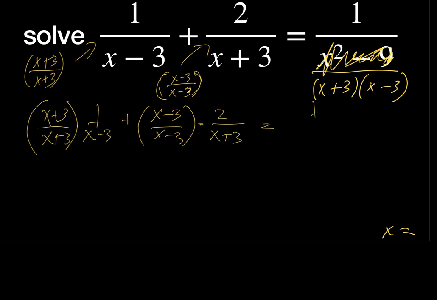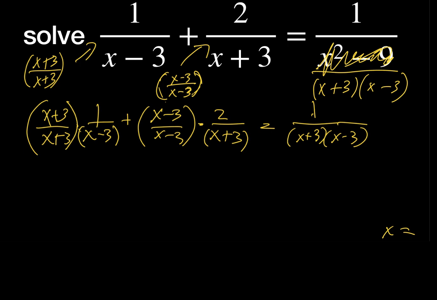And this equals 1 over x plus 3, x minus 3. So if I'm looking at this, I'm like, all right, that's all going on. As I look to the left-hand side, this fraction has x plus 3, x minus 3 in the denominator. This fraction has x minus 3, x plus 3, so they can be ordered that way as well. This one, x plus 3, x minus 3.